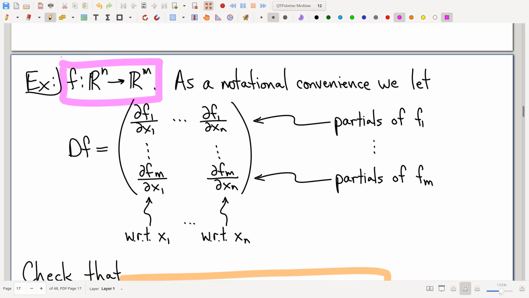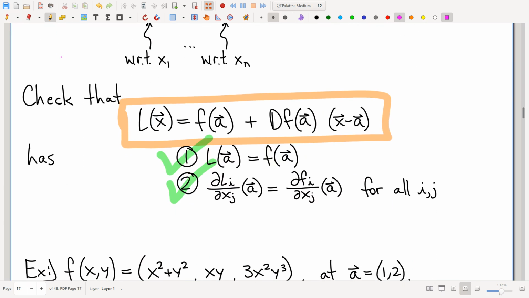That's not that bad, right? So write this down for n equals 3, m equals 2. Write down the matrix. Write down this linear approximation. Multiply out the whole thing and confirm that all 6 of the partials do what they're supposed to do. And I think you'll notice the pattern.